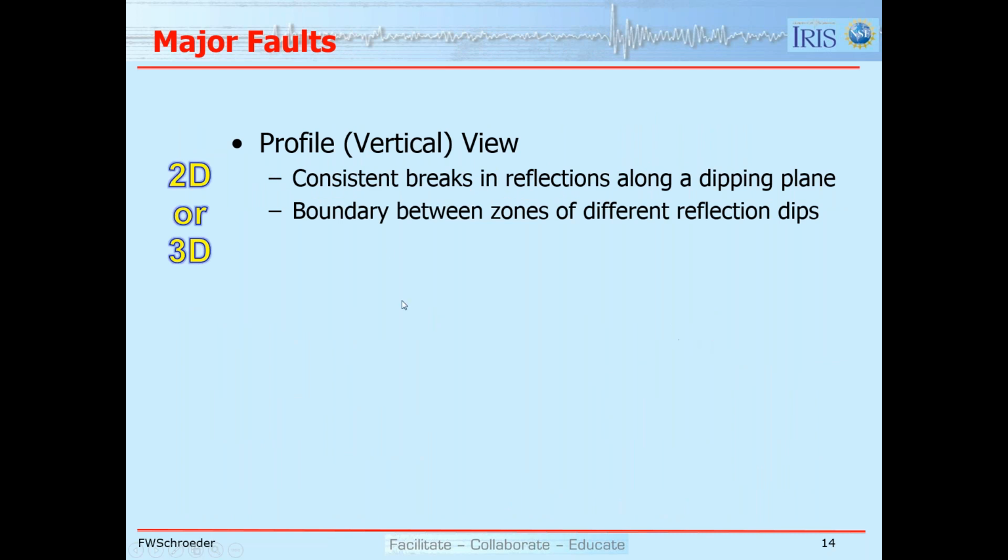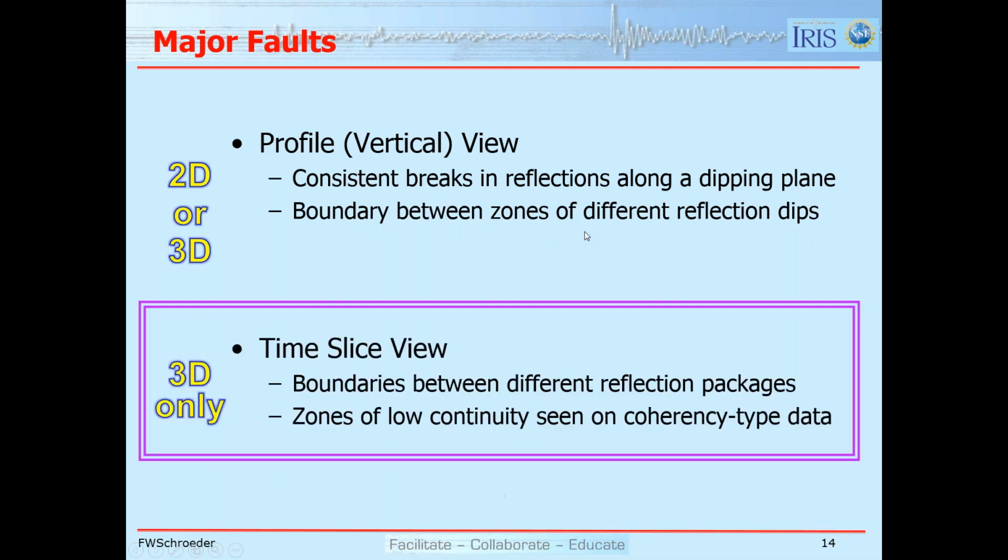In interpreting the major faults, if we have 2D seismic or if we have 3D, we can look at vertical slices or profiles. And what we would look for as evidence that there's a fault are consistent breaks and reflections along a dipping plane. Sometimes we can see boundaries between zones with different reflection dip. If I have a 3D survey, I can also look at time slices, and on those slices, I can look for boundaries between different reflection packages.